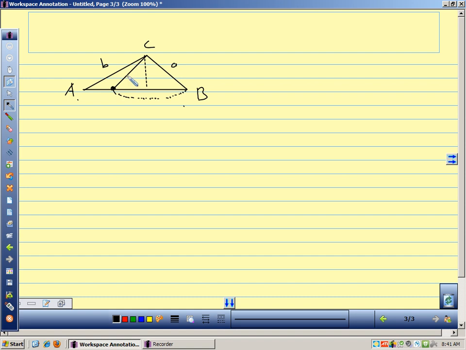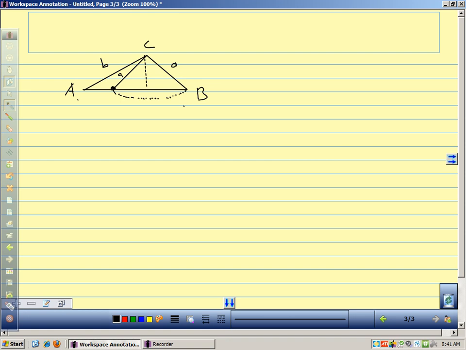And this is still length A, same as this length. I just swung that side around in a circle so it connected over here. So I could have this bigger triangle or this smaller triangle. And that's when we get the ambiguous case.